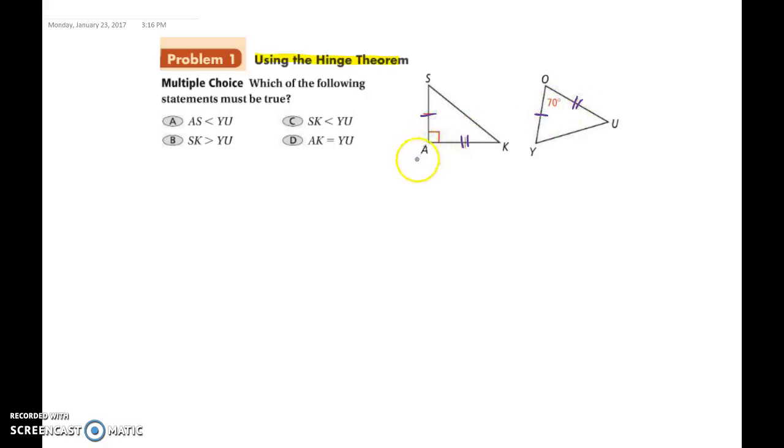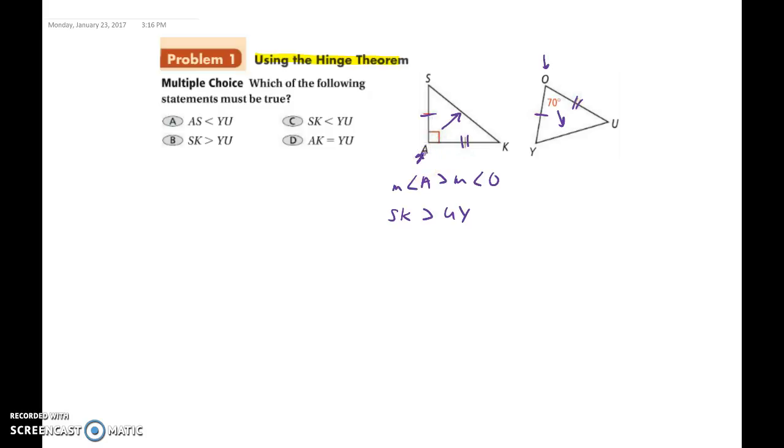And then the included angle, angle A, is greater than the included angle, the measure of angle O. So that means that this segment, SK, opposite of that angle, must be greater than the segment opposite of that angle, UY. So for the Hinge theorem, we have to have two sides that are congruent in two separate triangles, and we need to be comparing the angle that's included with those two sides, or the angle between them.